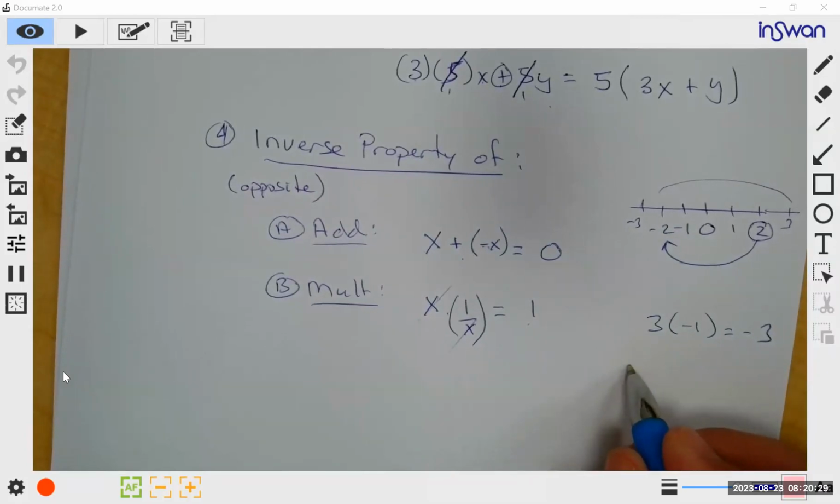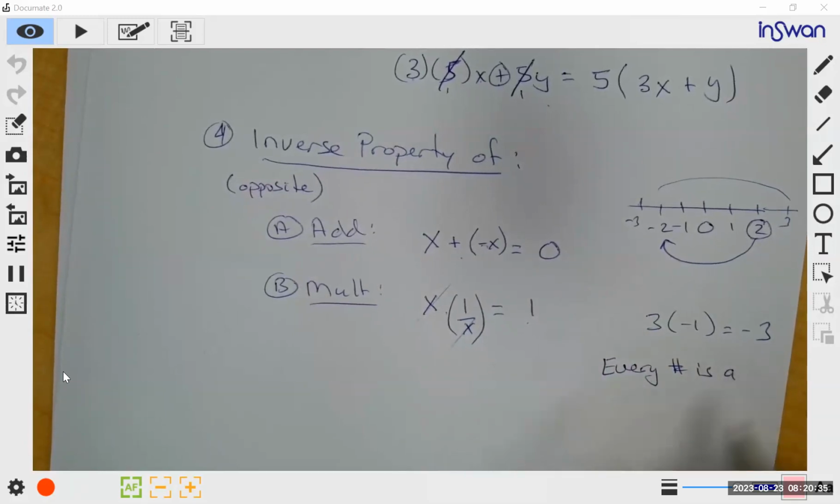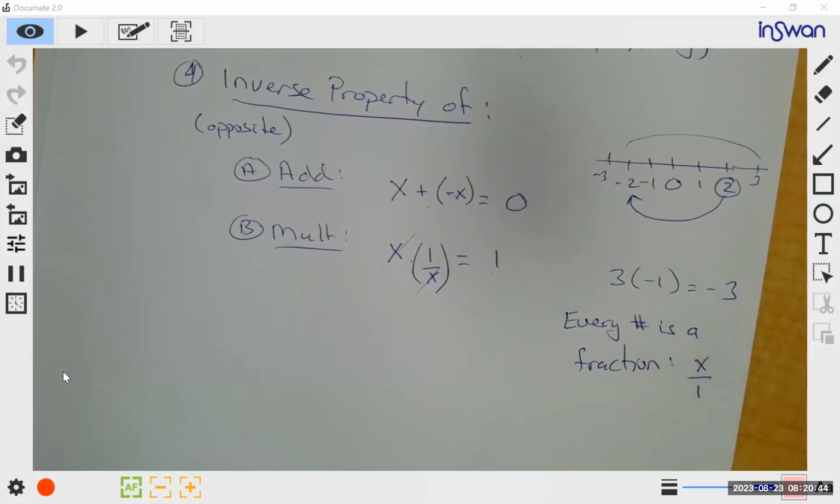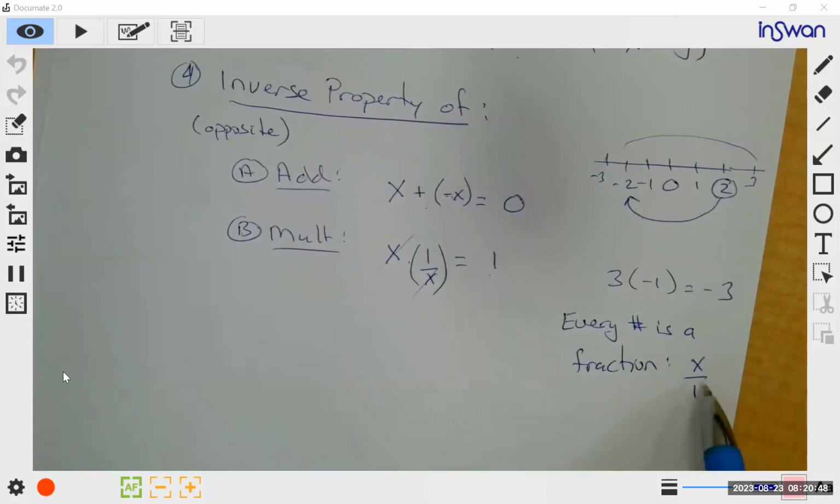So every number is a fraction. X, every number is a fraction. It's over 1. So the opposite of x over 1 is the flip.